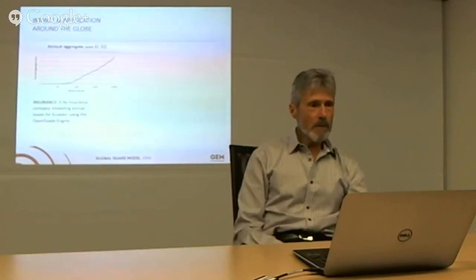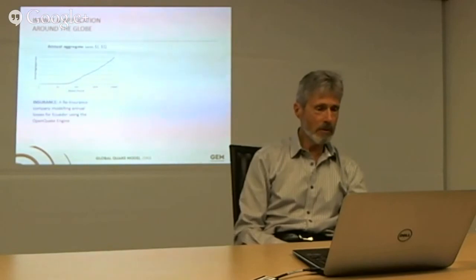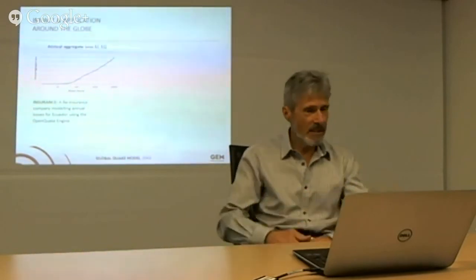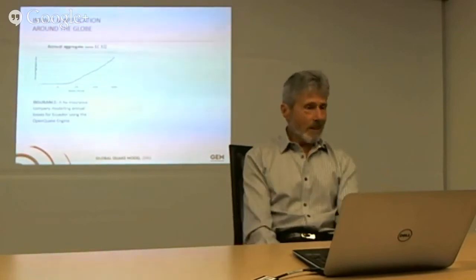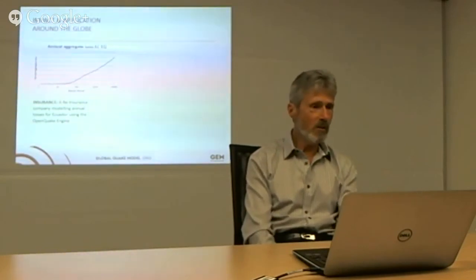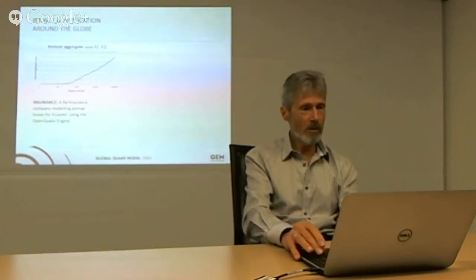Another example, a reinsurance company constructed, using OpenQuake and the information they had available, a risk model for the country of Ecuador. And this curve shows you the amount of losses as a function of time, or the probability of losses of a certain size.